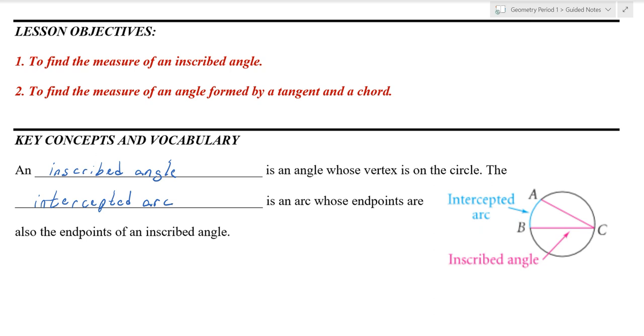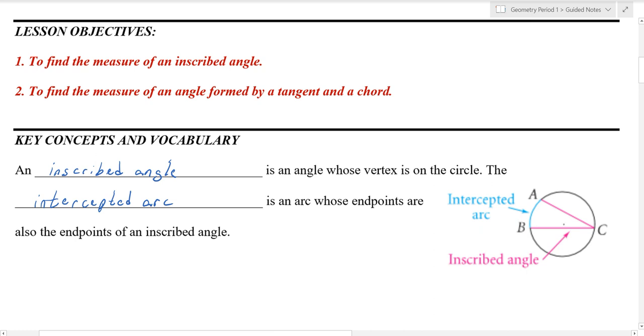So if we take a look at the diagram here on the right, we have angle C right here, and we can actually just call this angle ACB if we wanted to, but in this case angle C. The vertex of this angle is right here on the circle. The legs of the angle intersect my arc, and this arc is called arc AB.